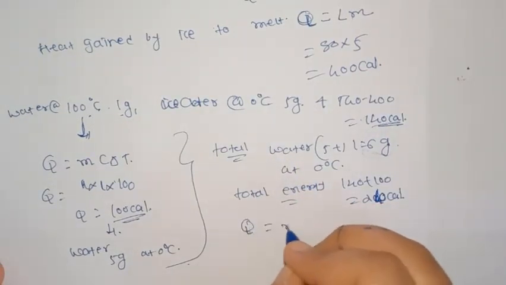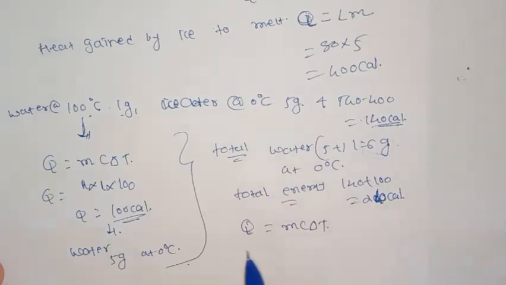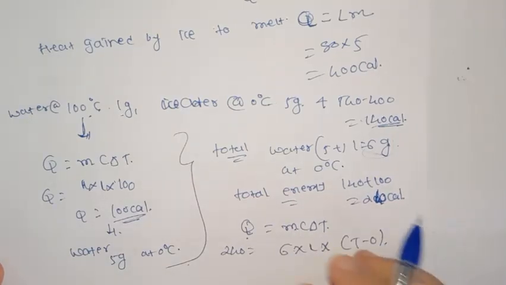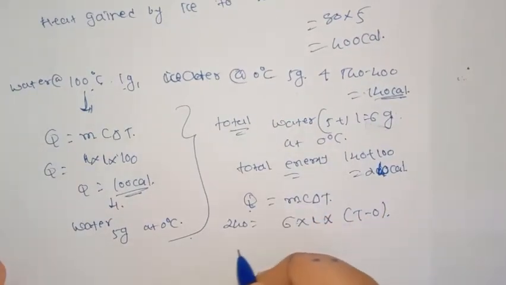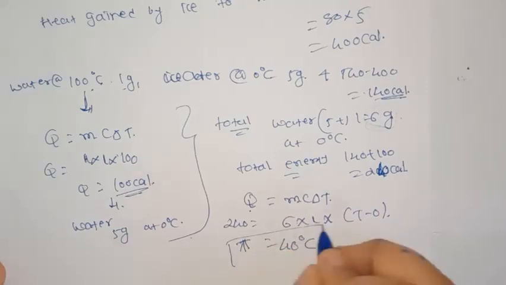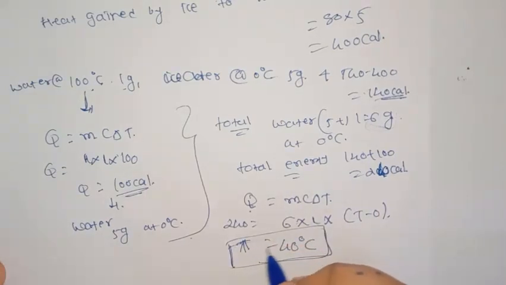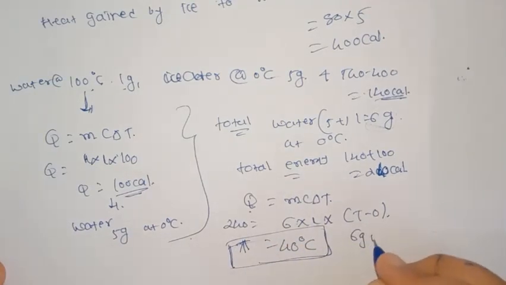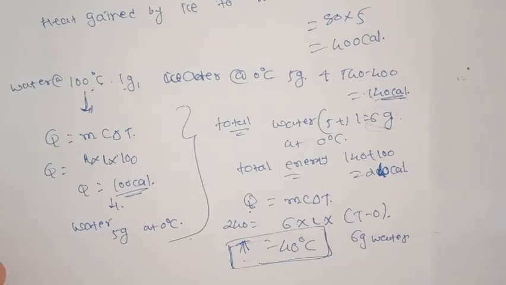So Q is equal to mc delta T. Q is 240, mass will be total 6 into 1 into delta T, that is T minus 0. So T will be equal to 40 degrees Celsius. So finally we have 6 gram water at 40 degrees Celsius. So this will be our final answer.